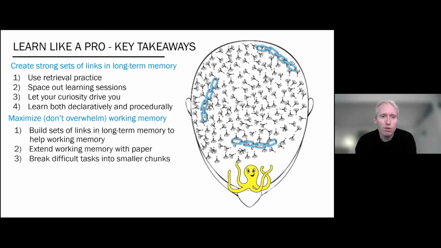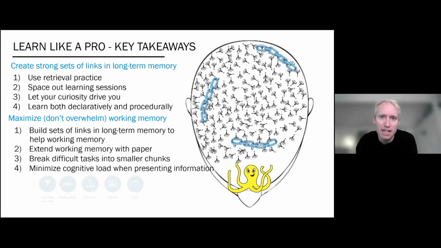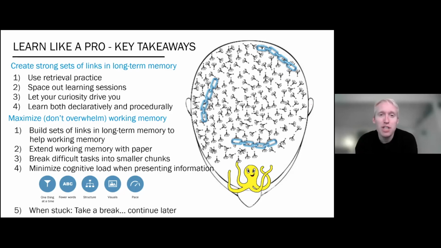You should break difficult tasks into smaller chunks so that your working memory can wrap its arms around it, and minimize cognitive load when presenting information. And you can use these principles for that. And at the end, we saw that if your working memory is stuck, it can't solve anything. You should take a break or focus on something else and then return to it later.